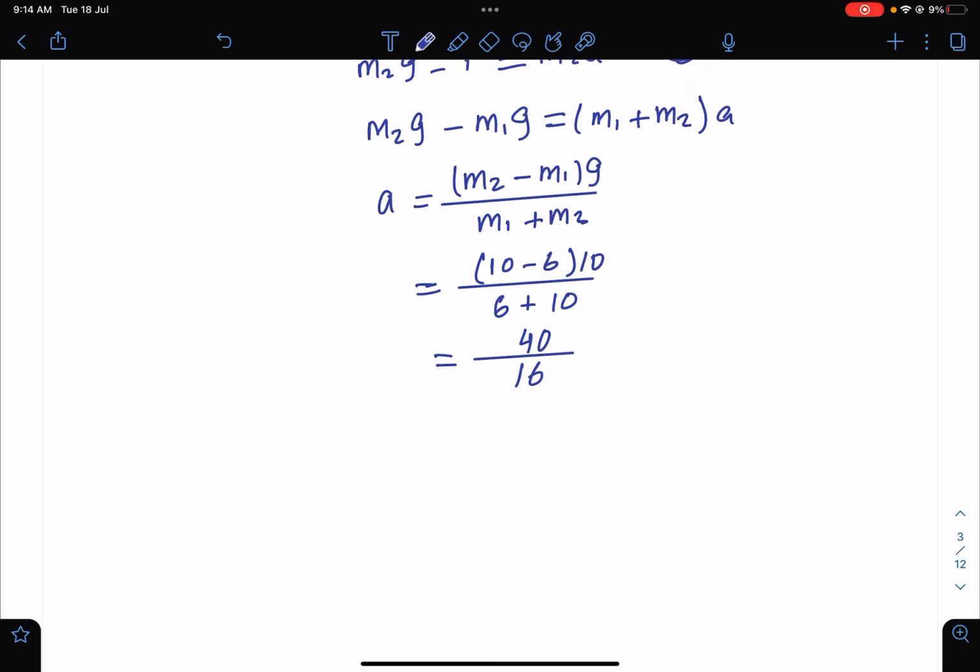So it's going to be 5/2 meters per second squared. This is A. So A is 2.5 meters per second squared.